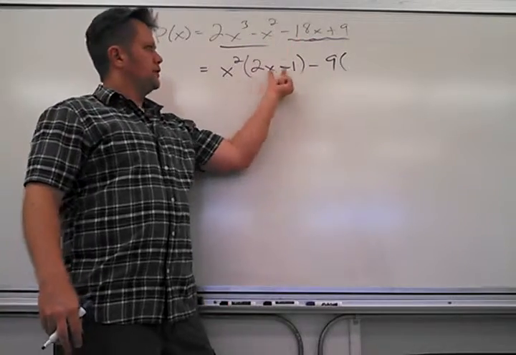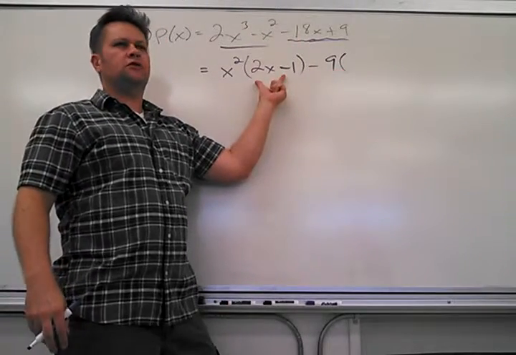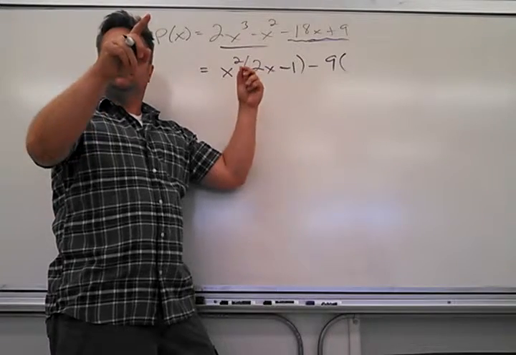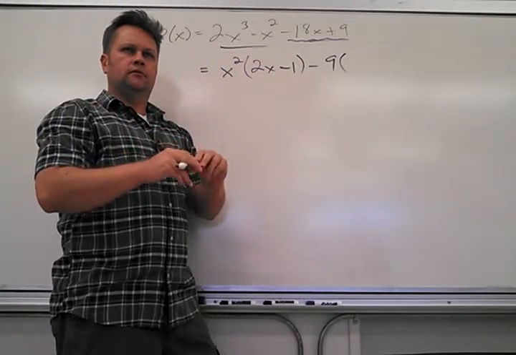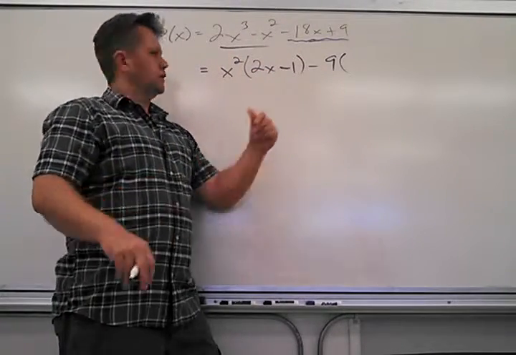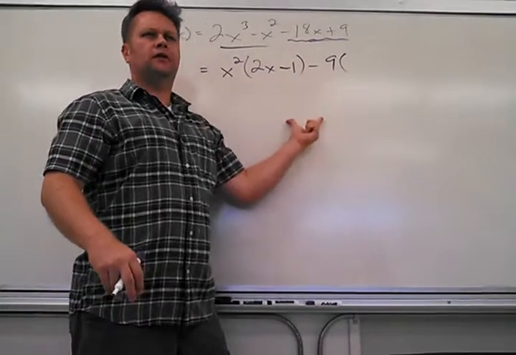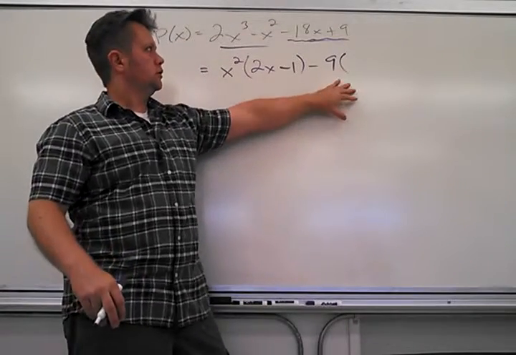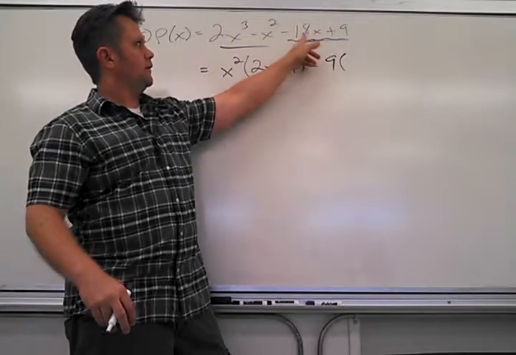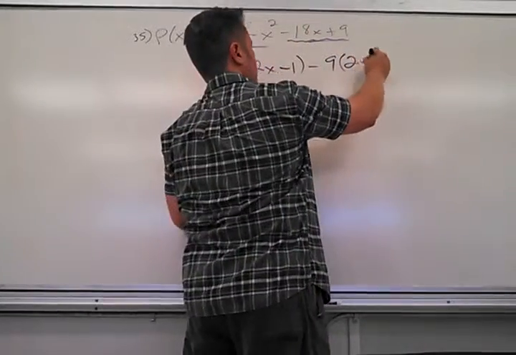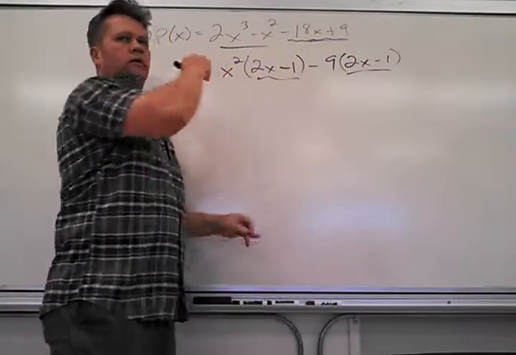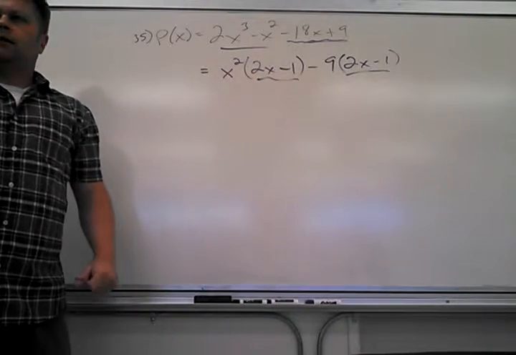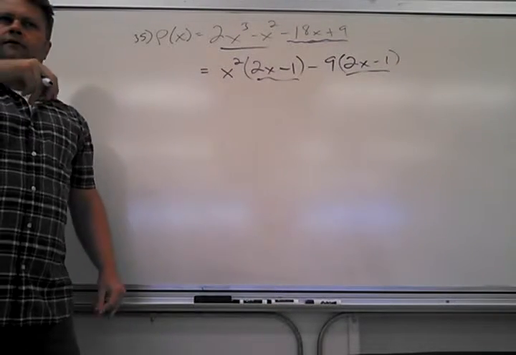You know you want this second term to be the same as this first term or else you screwed up or it's not factorable like that. You with me? I always get somebody getting something different here and somehow they do the next step. And I'm like, whoa. So what happens when you take a negative 9 out? Thank God you get the same thing you had over here. So then it's legal to do the next step, which is what?